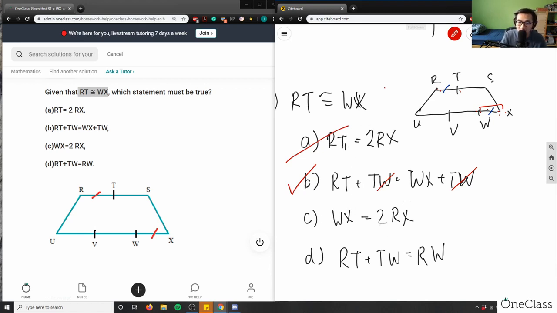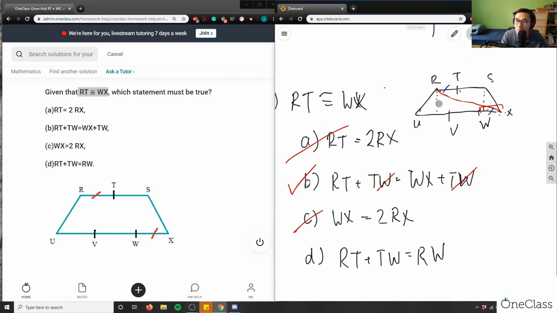It's still 2RX here, and RT equals WX, so this is also false. If the length from R to X is not 2 times WX, because this here is a triangle and this is another triangle, I would have to justify the length of the diagonal of the rectangle plus the length from the side to the tip of the triangle. So this is incorrect as well, the same logic as A.